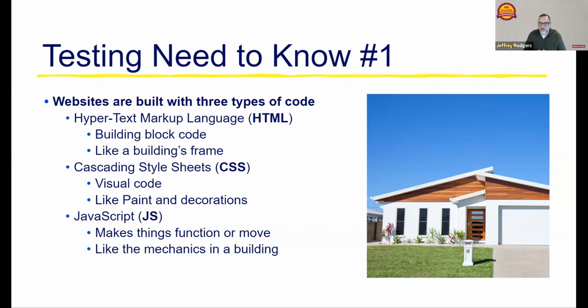The first type of code is HTML, or hypertext markup language. That's the one most people think of. And it's essentially the building block of the website. Using the image of the house on the screen here, the HTML would be similar to the wood, the metal, the bricks that are used to frame the house. So HTML is that basic structure of a website. HTML code does have tags for specific elements like buttons and links and paragraphs.